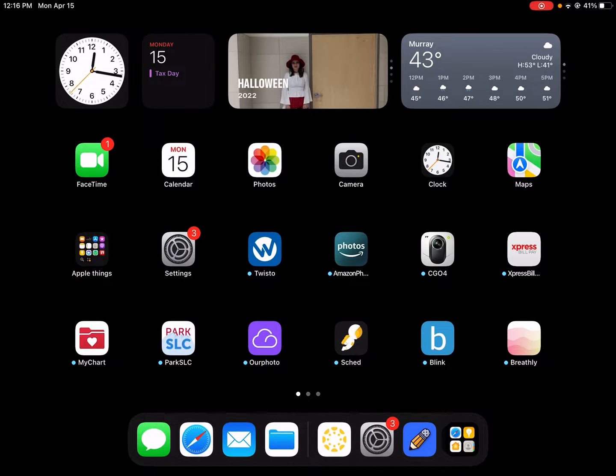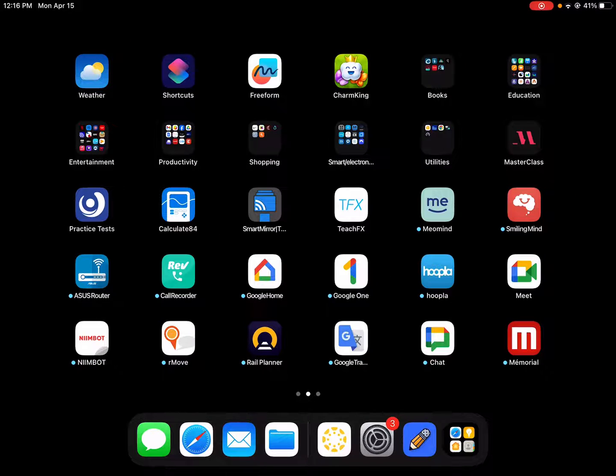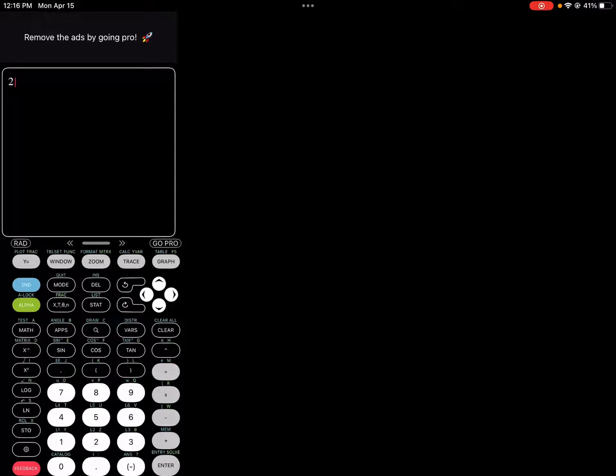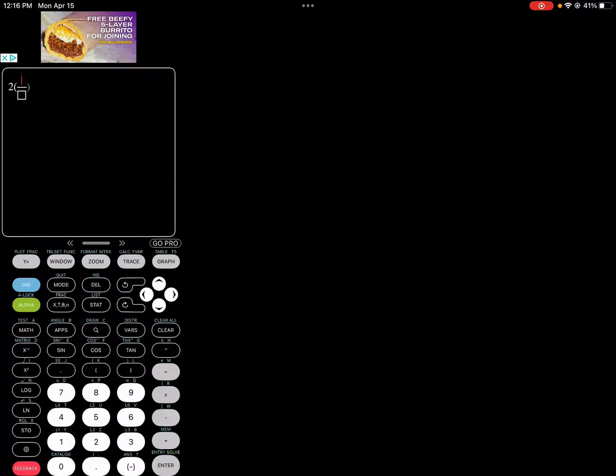So if we go to our calculator, we can do 2 times, and you can do alpha y equals if you would like to here, and then put your 100 divided by the square root of 36.